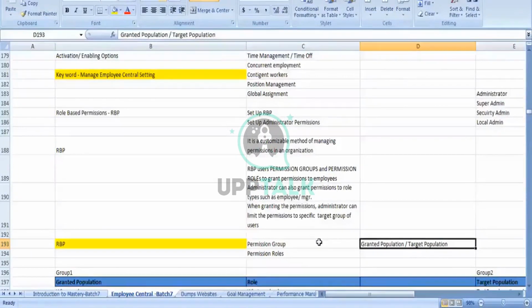I am nominating you for the Germany location, and you are the person who can make changes and modifications in the employee data, for the particular location. So for you, who is the target population?